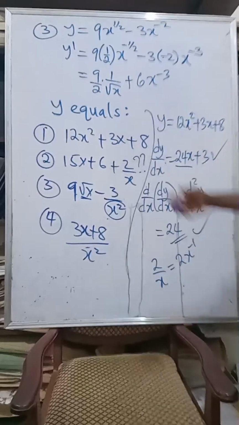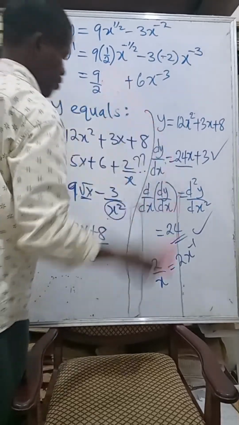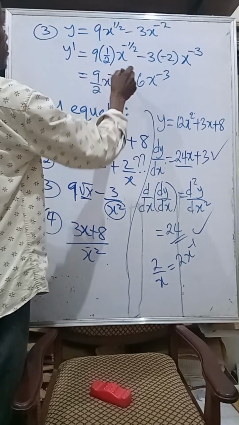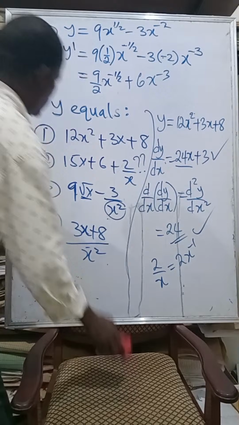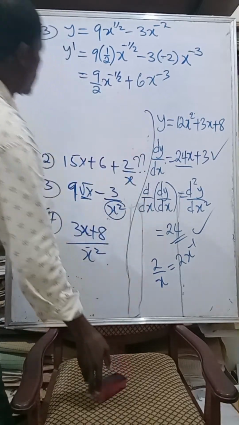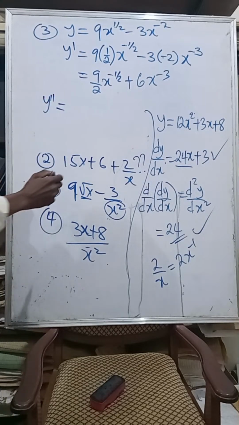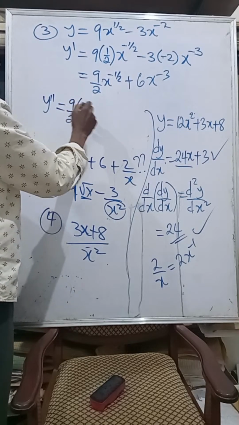Since we are still going for the second differential, let's leave it in the exponential form. That will be x to the power minus half for that one. That's the first differential. Get the second differential. The second differential will be what? y prime prime. That will be 9 over 2 times minus 1 over 2.